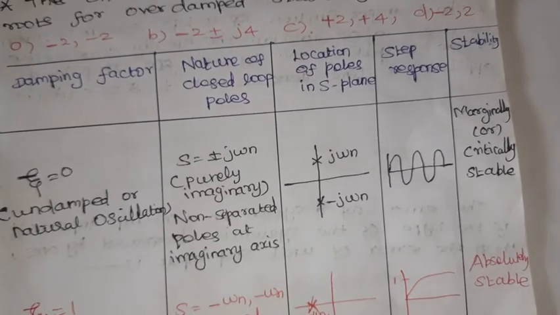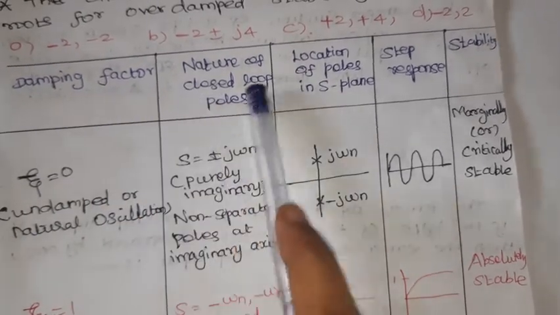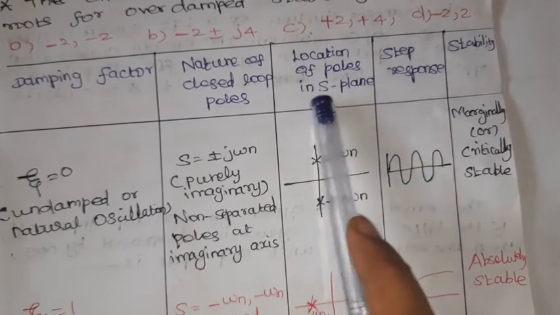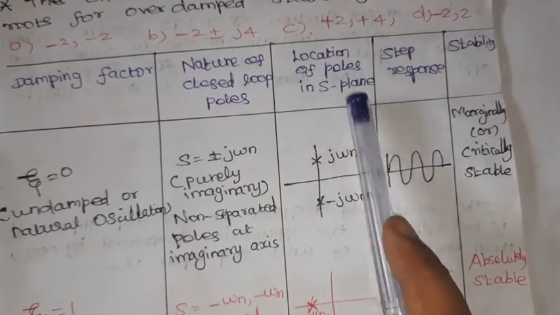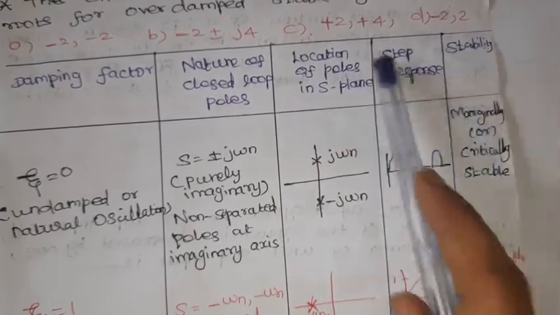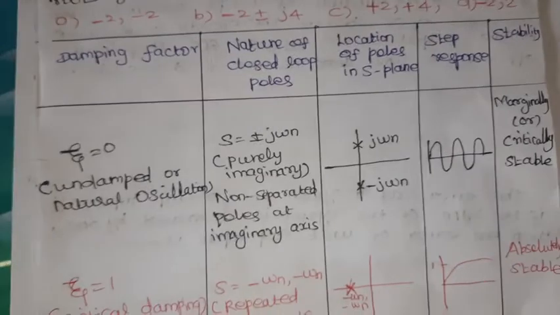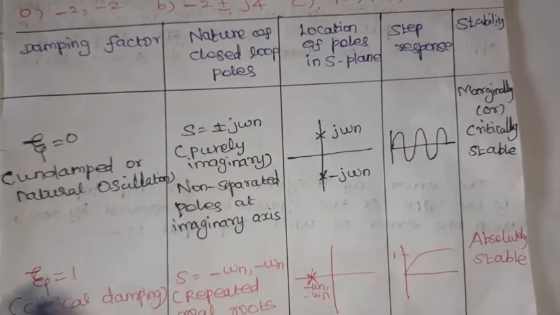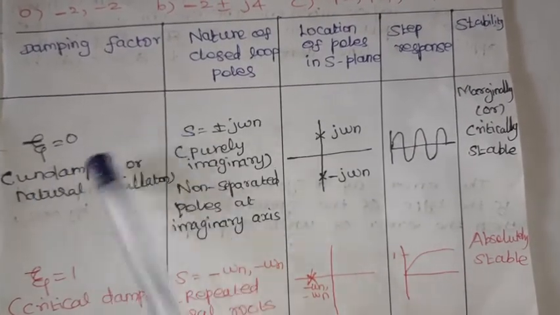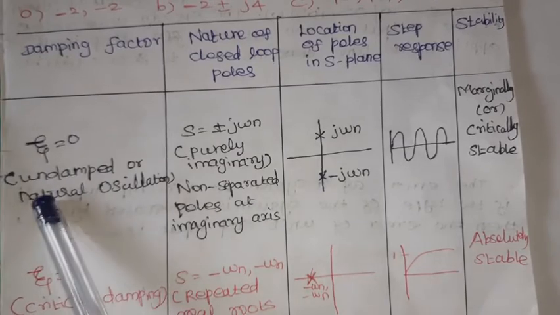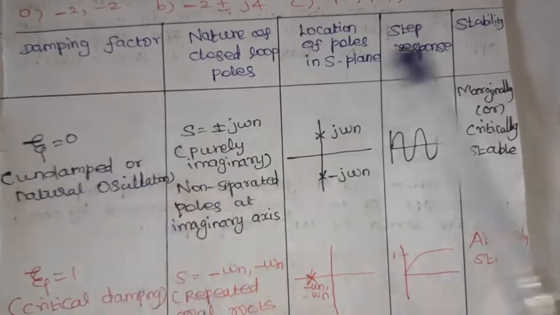We'll see the damping factor, nature of closed loop poles, location of poles in the s plane, and step response for an input, and then how the stability will be. We'll see for zeta equal to 0, which means undamped or natural oscillation.